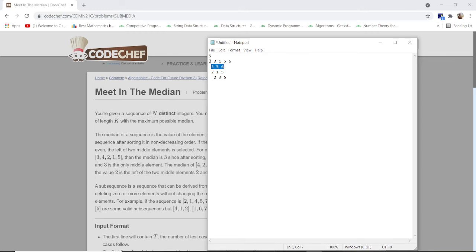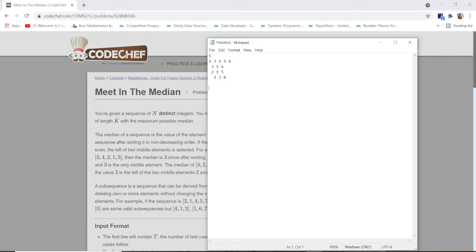After that I delete 3 and 6, and I make 2, 1, 5, and this is also a subsequence of the original array. After that I delete 1 and 5 and make 2, 3, 6 a subsequence, and it is maintaining the order here.